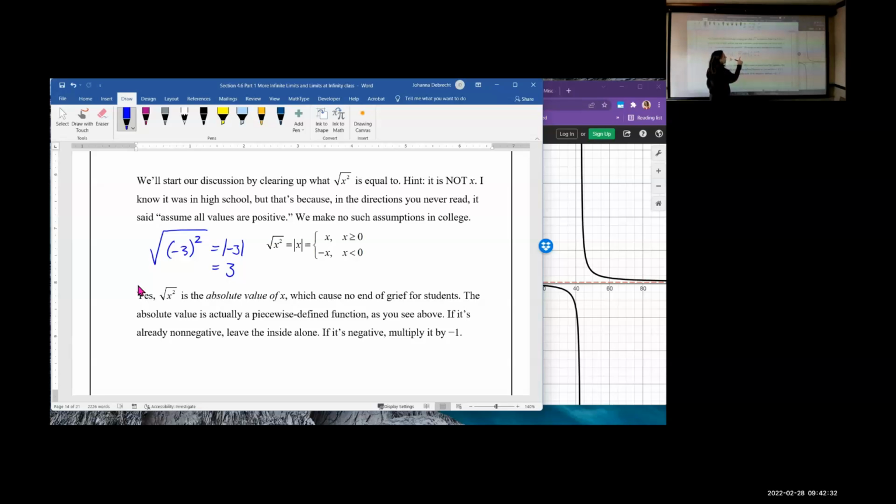If you don't make that assumption, then the square root of x squared is the absolute value of x, which is a piecewise defined function. It's x if x is not negative, greater than or equal to 0. And it's the opposite of x if x is negative, because a double negative, -3, would give me a +3. So that's what they're doing when they put the negative on the x in the bottom.